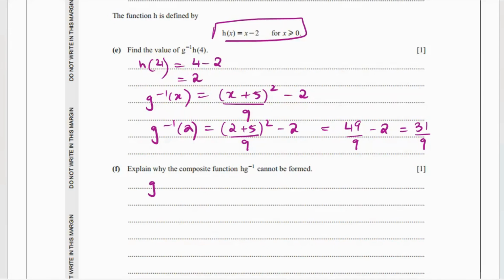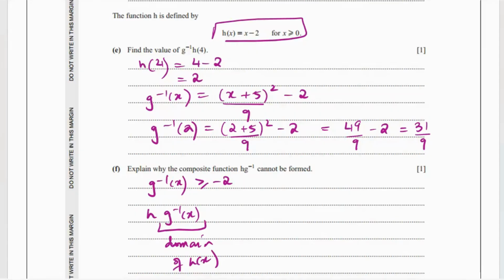Because once again, g inverse of x is greater than or equal to -2. We're making g inverse of x the domain of h of x. So if this is greater than or equal to -2, whereas h of x is supposed to be greater than or equal to 0, it's not even overlapping.